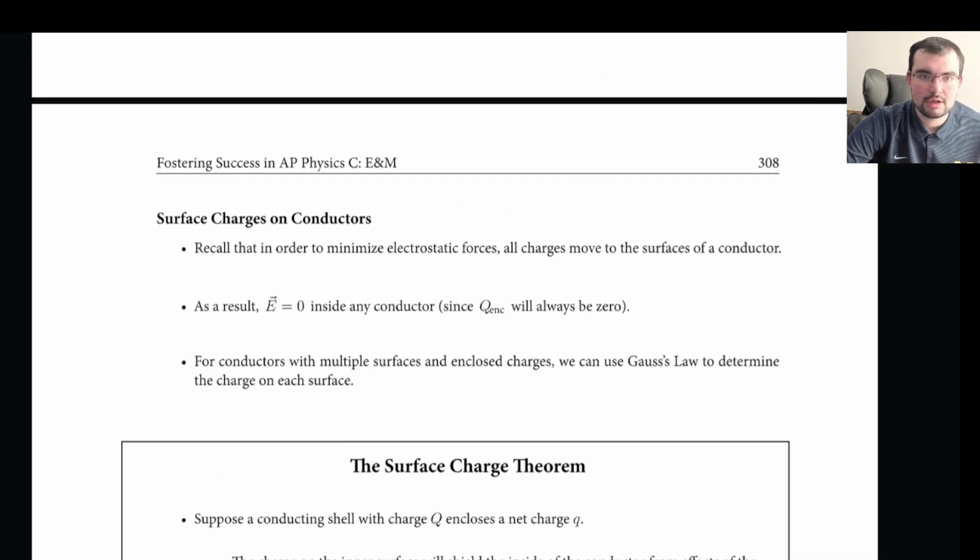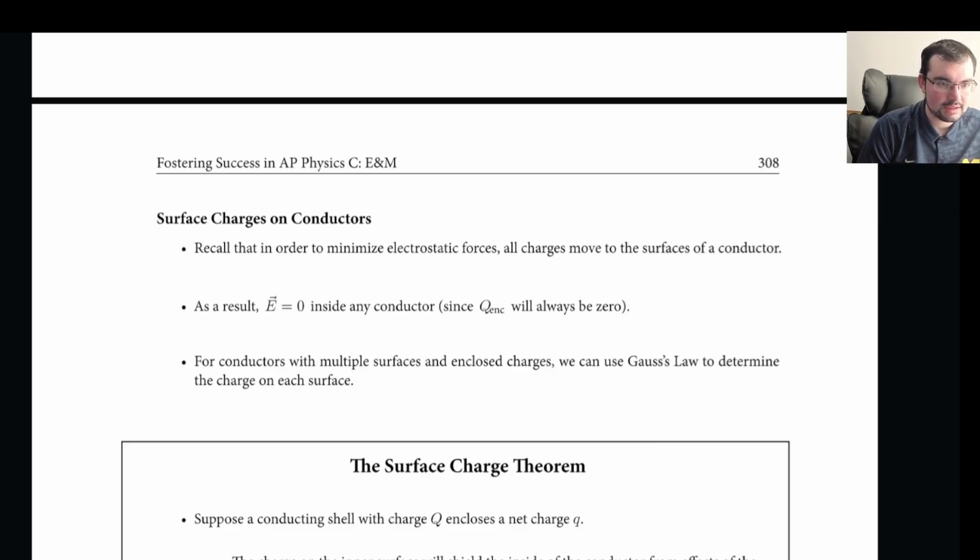And another result that we can connect with this is when we talked about electrostatics, we said that potential is the same everywhere in a conductor, and E is 0. And this forces all these charges to live on the surface of a conductor. And as a result, you can't enclose any charge if you're inside the surface of a conductor.